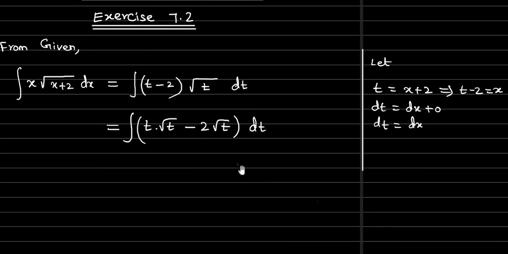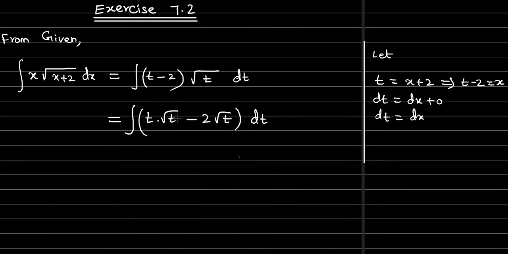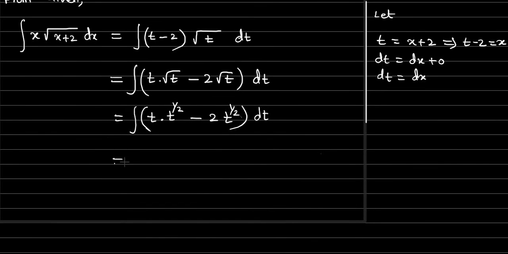As I told in many sums, the square root is power 1 by 2, so we can rewrite the square root as power 1 by 2. In the first term, the base is the same, and if the base is the same, we can add the powers. So in the next step, I am going to add the powers: 1 plus 1 by 2, minus 2 t power 1 by 2.